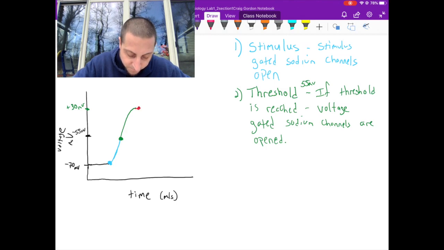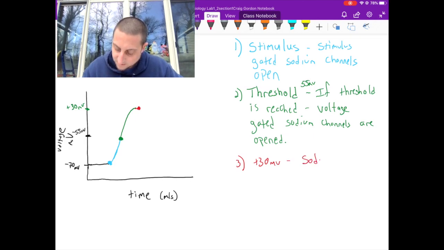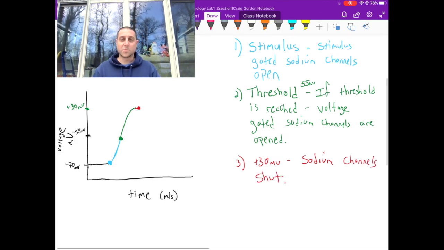And then you sort of get a little plateau over here. Okay? So what happens at plus 30 millivolts? The sodium channels shut. So you have a brief moment where you're kind of staying the same.